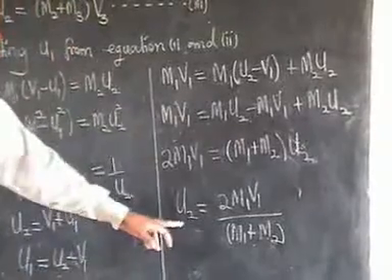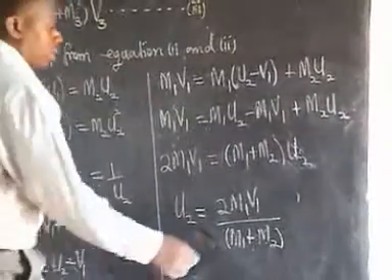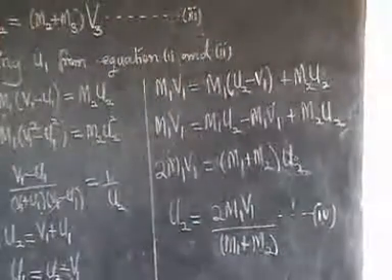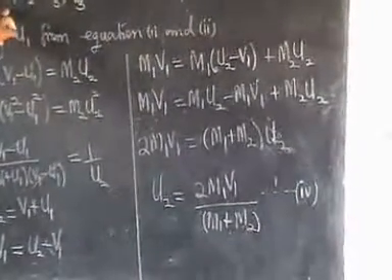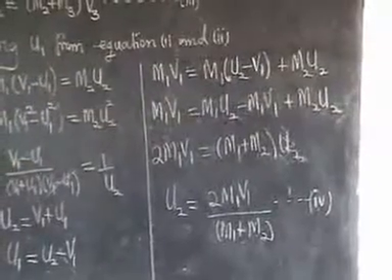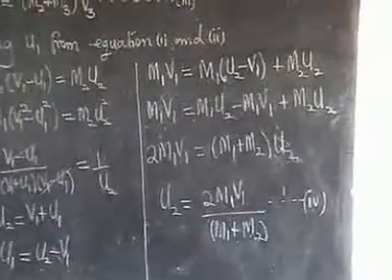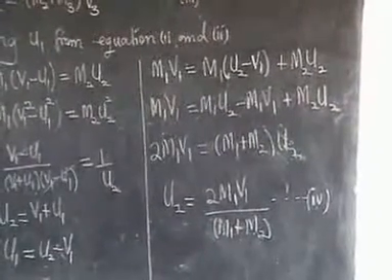So after getting the value of U2, I can call this my fourth equation. So I'm going to eliminate U2 from the third equation and the fourth one. I believe we shall get what is required.